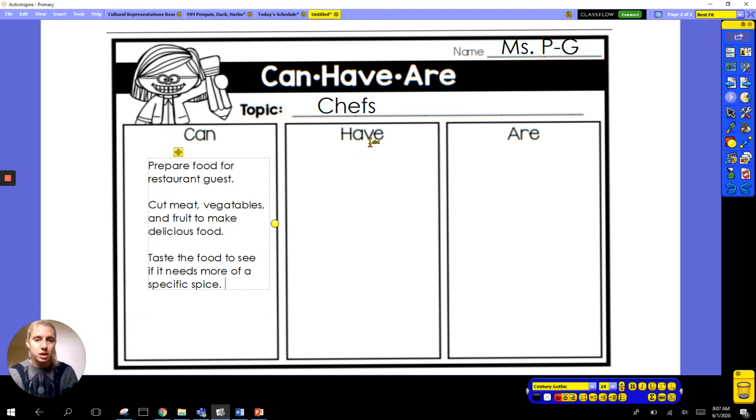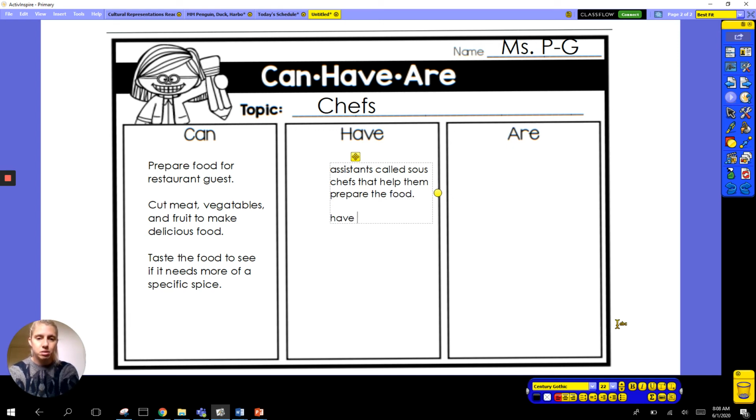And now I'm going to move to have. Chefs have assistants called sous chefs that help them prepare the food.